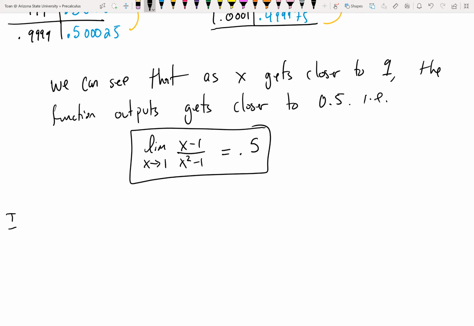So again, I'm going to speak in informal terms. You can formalize it later in calculus.